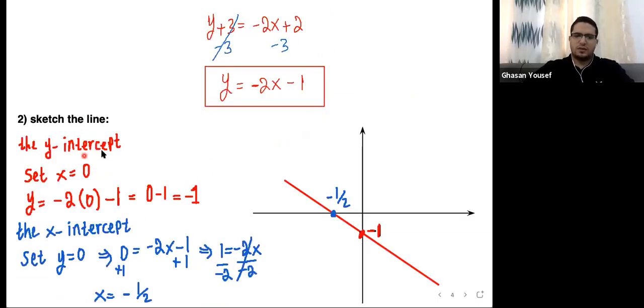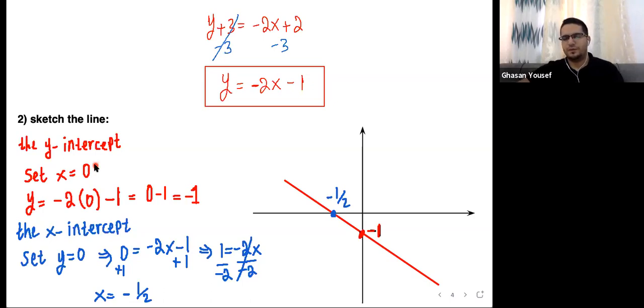Then I told you, in the same example, to sketch the line. This is very important. We have to know how to sketch the line. In the beginning, we have to know what the line looks like. Because the slope is negative, the line will look like this. Now we should know exactly which points it passes through on the y-axis and the x-axis.